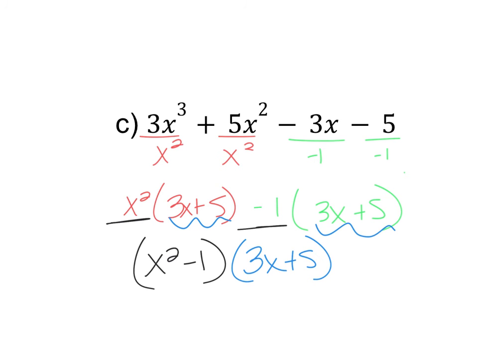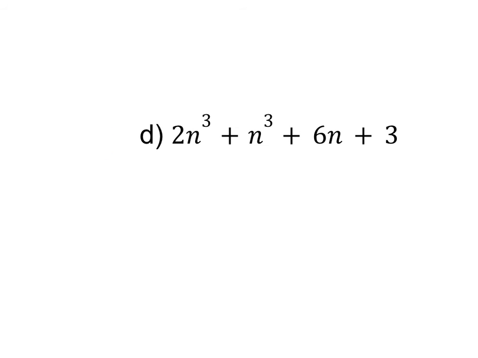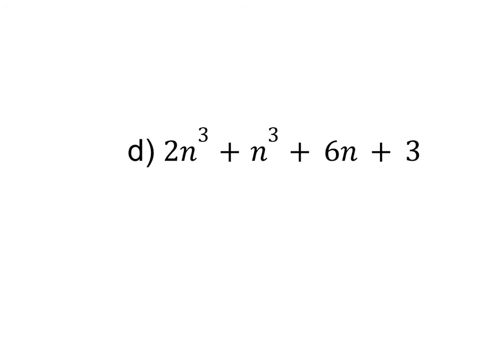All right, a few more, we're almost done. This one, oops, this is a typo. Make this into the second power. So let's factor out, looks like just an n squared, right? So this would give me n squared times 2n plus 1.